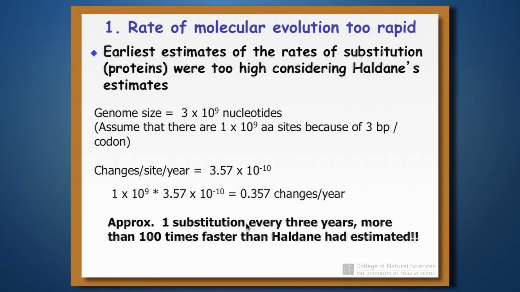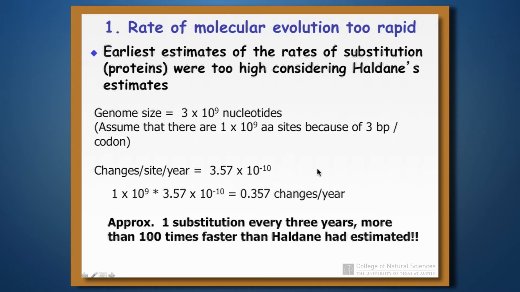Now that's way too fast. Remember, Haldane thought you could only have about one substitution every 300 generations. Instead, what we're seeing is one change every 3 years. So that makes the rate of substitution about 100 times faster than Haldane had estimated.